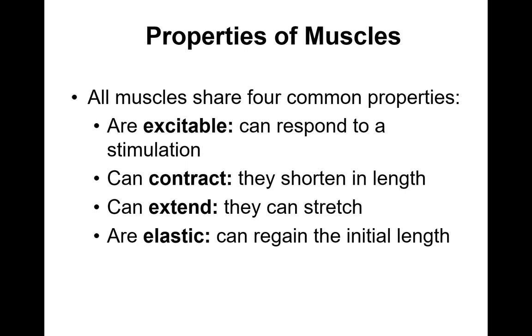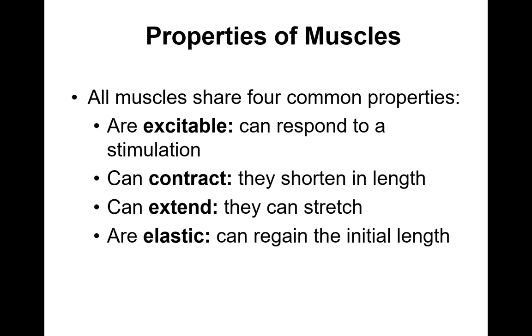What are the properties of muscles in general, particularly skeletal muscles? Well, they're all excitable, so they can all be triggered in one way or the other. There is a way in which they can be stimulated ultimately to contract, and that's the second property that they have. By contraction, what we mean is that they can actually change their overall length, going from longer to shorter.